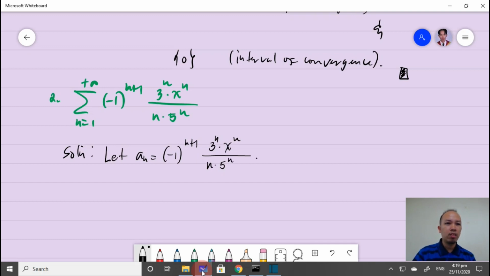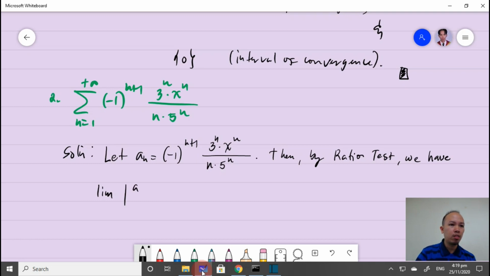So again, by ratio test, we will not use root test. Ratio test, we have the limit of the absolute value of a sub n plus 1 over a sub n as n approaches positive infinity.